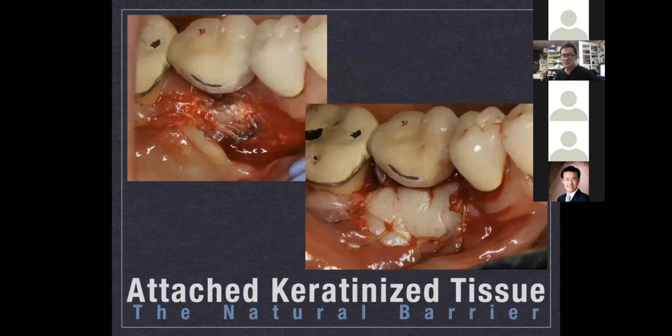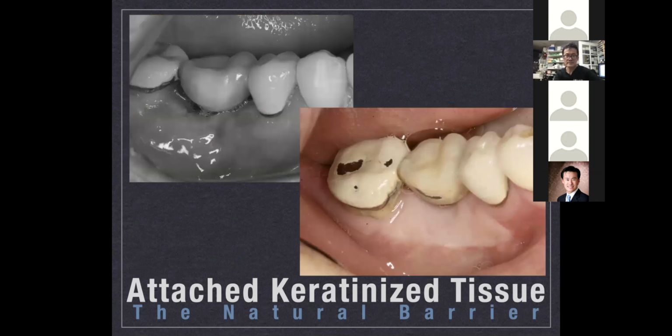But what did I choose to do? I basically took a huge chunk of keratinized tissue from the palate and did a free gingival autograft. By bringing the gingival graft there, I'm trying to increase the zone of keratinization so that it becomes a natural barrier. Crown lengthening is performed on that second molar.